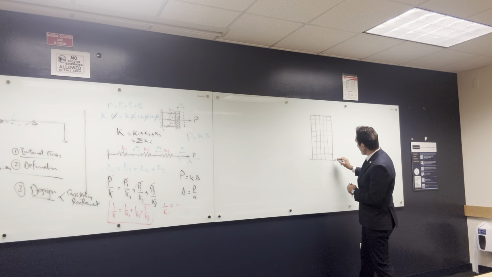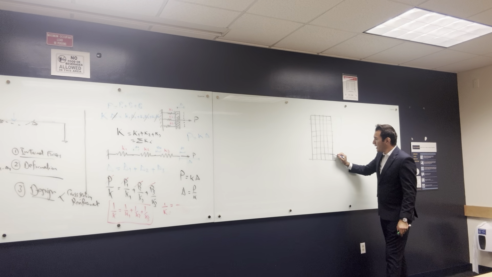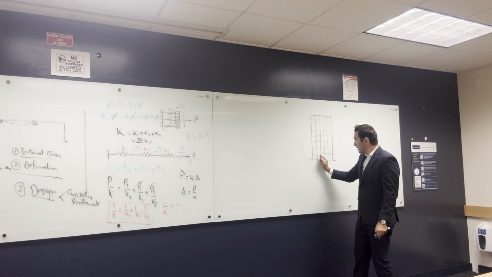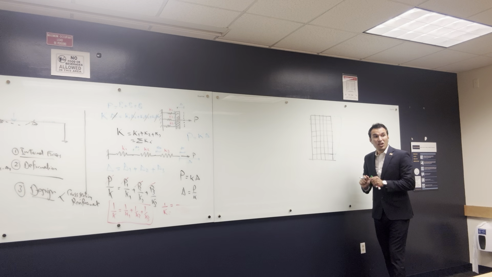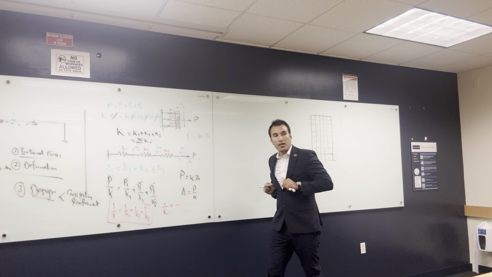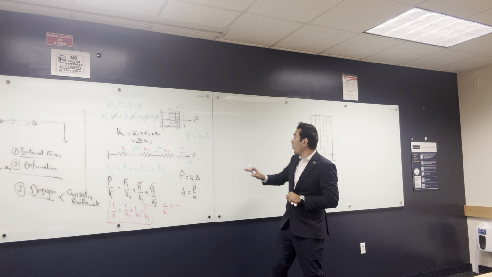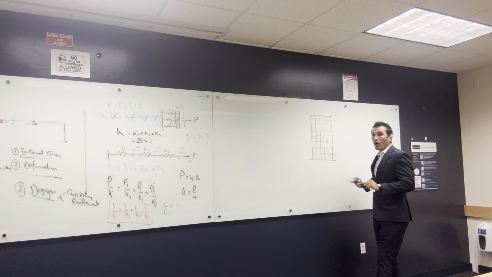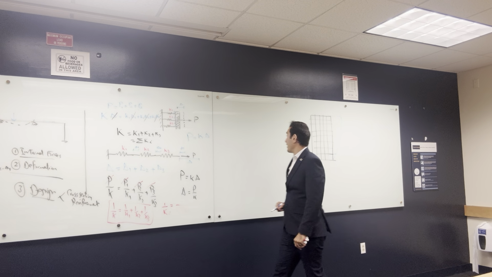It's going to deform that way, right? I want you to look at all these columns. This column is going to move delta, delta, delta, and all of them are moving with the same delta. Why? Because they are attached with the same slab, and the slab, we either go all together or we are going to all stay together. So all the columns here are in parallel. Why? Because they are all moving with the same delta, right?